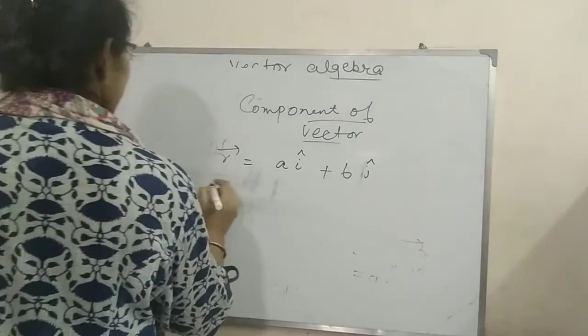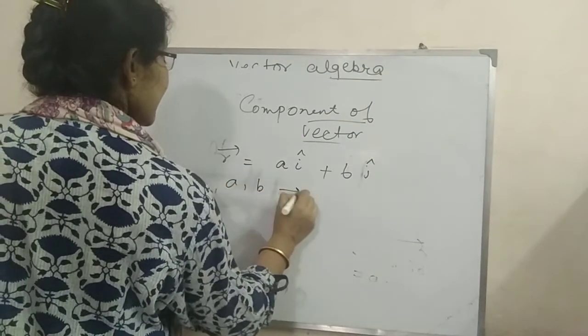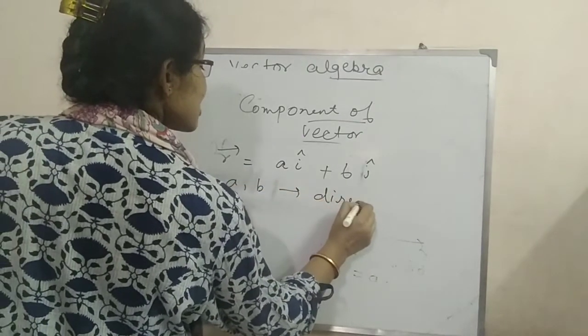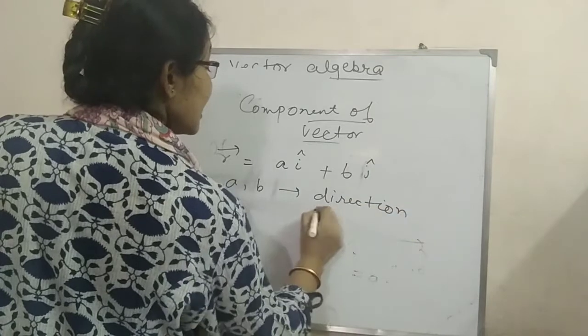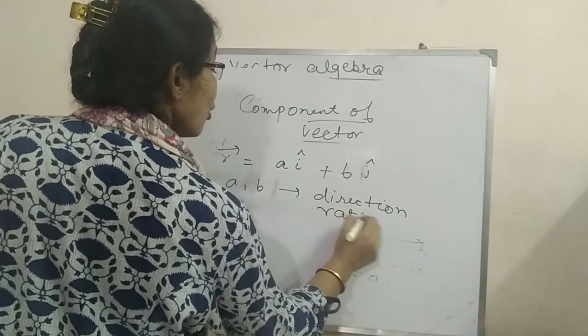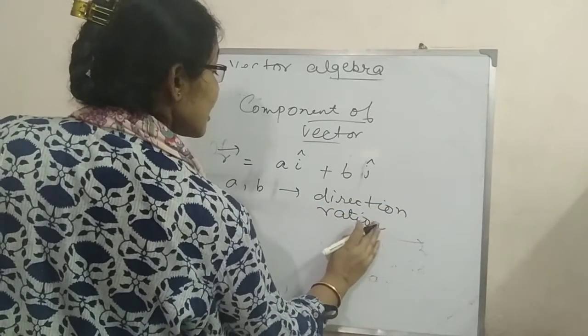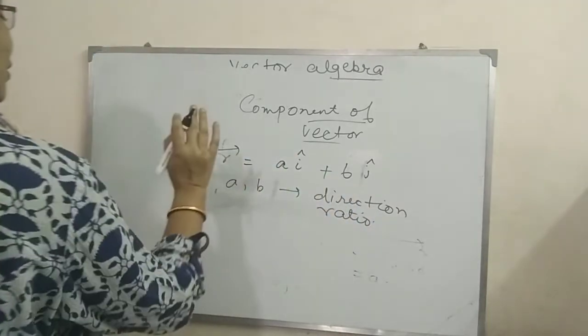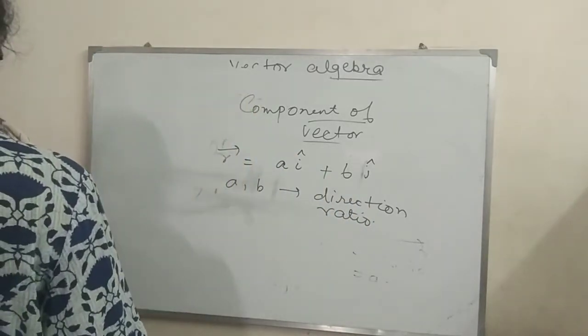Here A and B are direction ratio of OP line.